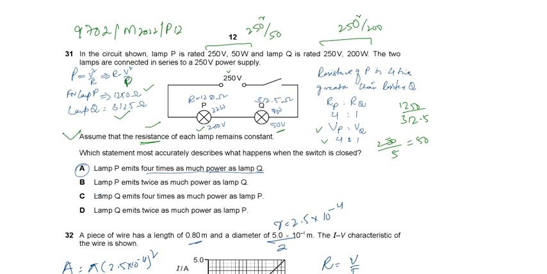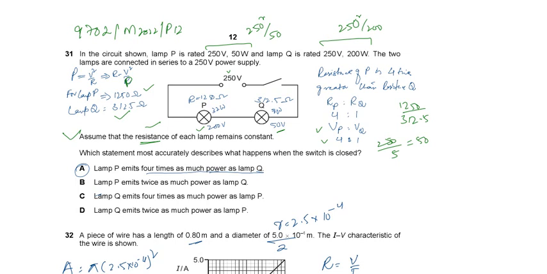We have the resistance of P as 1250 ohm and for Q 312.5 ohm.